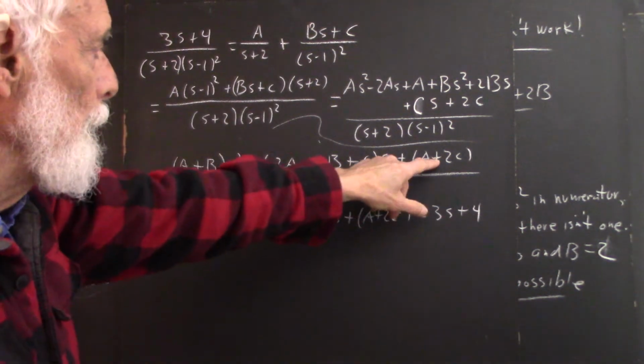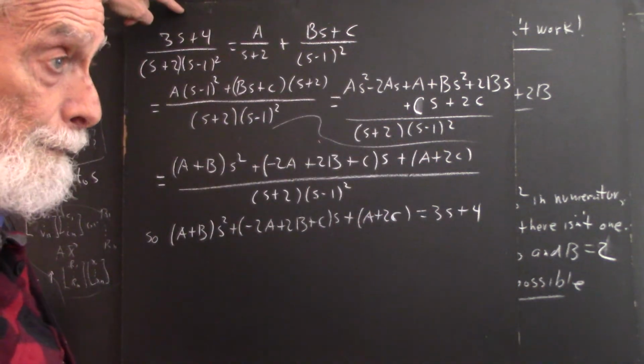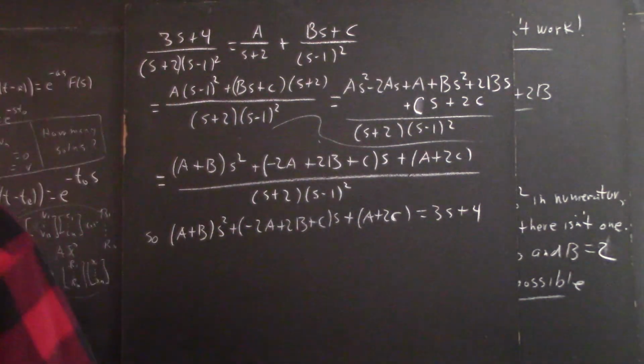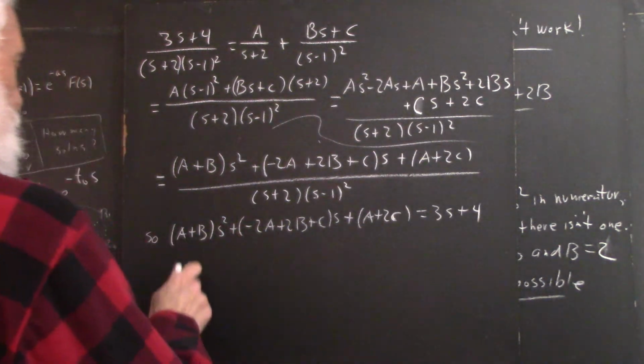Okay, here's the numerator, here's the numerator. The rest is straightforward. There's no s squared over here.